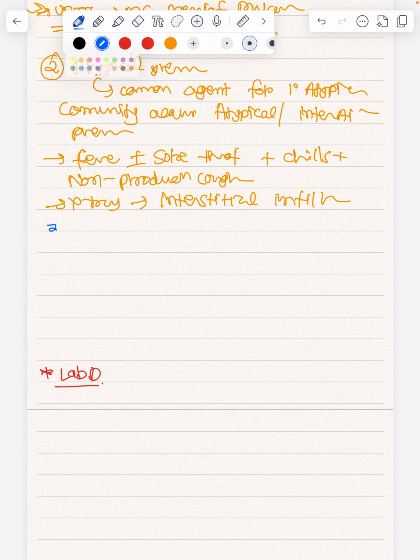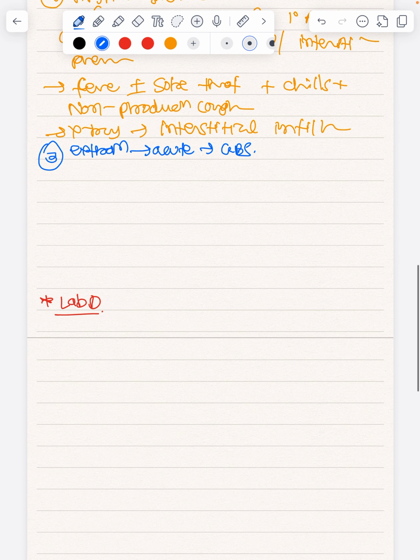And the third one was extrapulmonary manifestations, because of the acute infection. It can manifest neurologically as encephalopathy, GBS, Guillain-Barré syndrome, or meningitis.